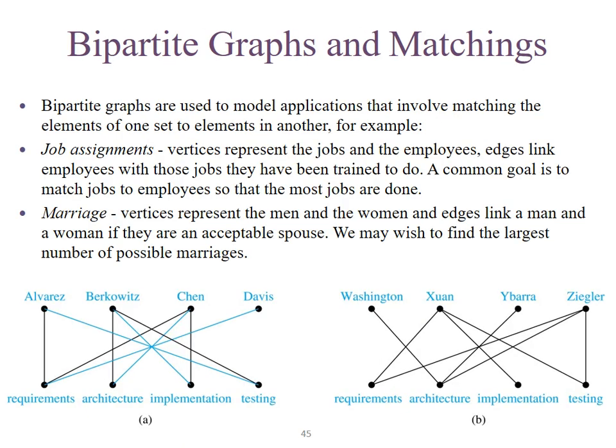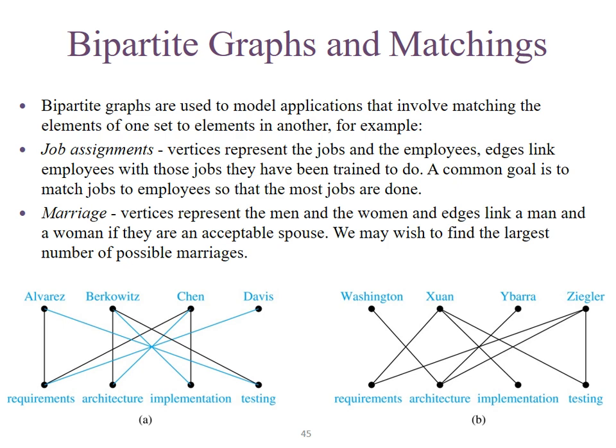All right, so you can see the applications of bipartite graphs. We can match jobs or marriages. In this case, we have the names of our employees, and we have different tasks. You can use a bipartite graph to indicate who is responsible for different tasks. In this case, we have refinement, application, testing.